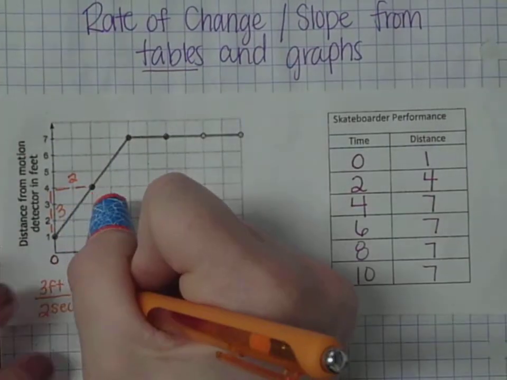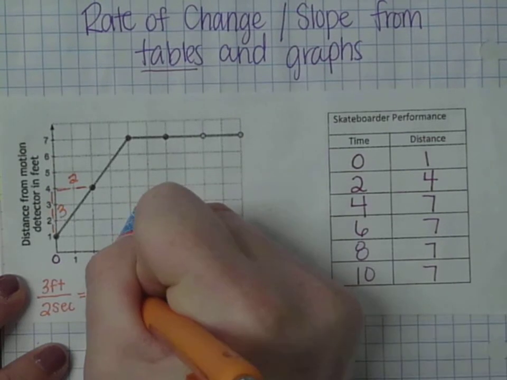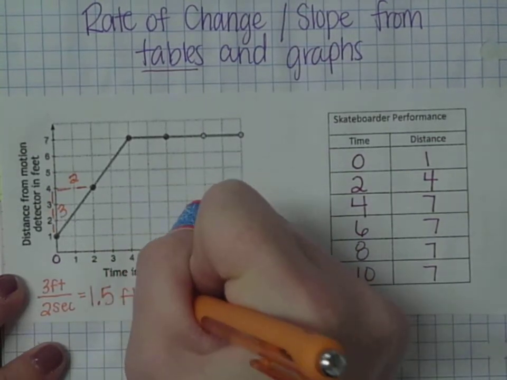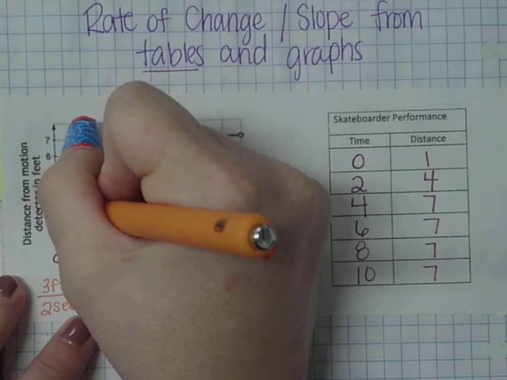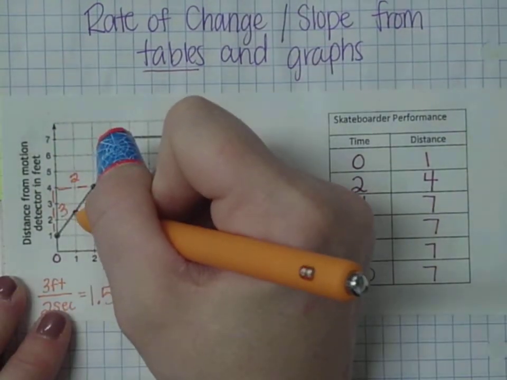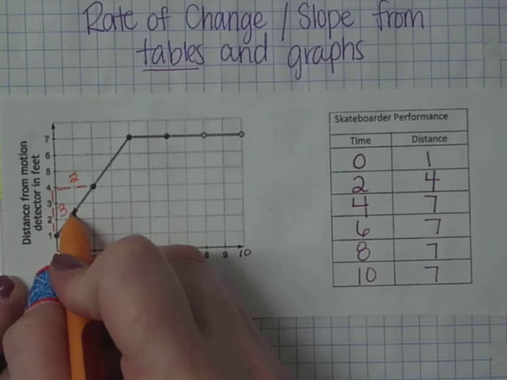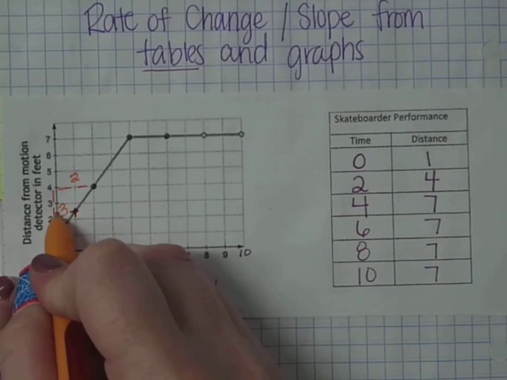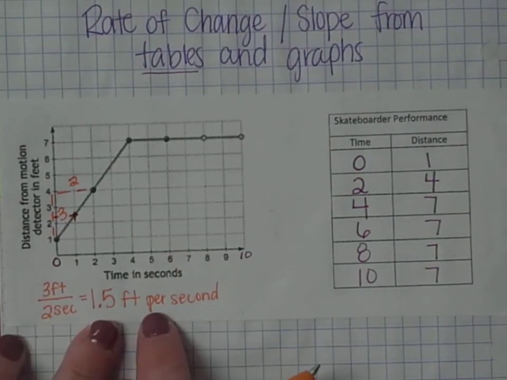So it's actually going 1.5 feet per second. If we look at 1 second, it went up 1.5 feet because it's halfway between 2 and 3. So it went up 1.5 feet.